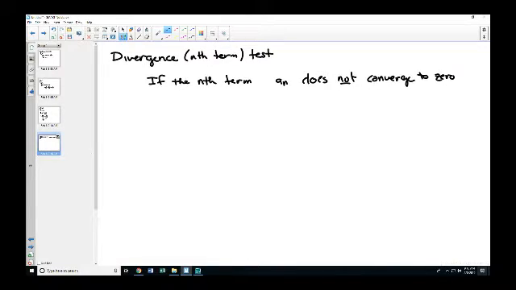Sequence or series? So you want your sequence. That's a sequence statement, right? So keep that in mind. This is a sequence statement. Then the series diverges.